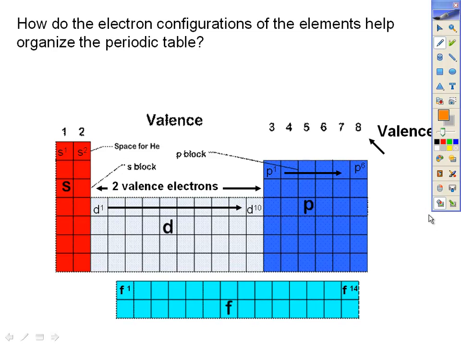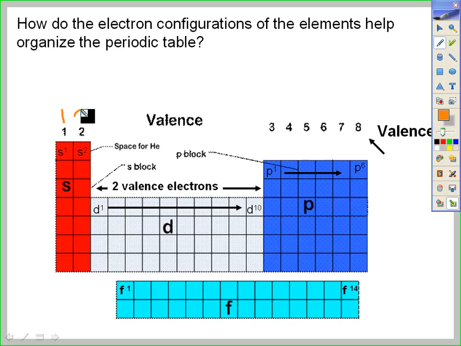The pattern we saw in your giant periodic table looked like this: 1 valence electron, 2 valence electrons, 3, 4, 5, 6, 7, and 8. What I like to say is 1, 2, skip a few, 3, 4, 5, 6, 7, 8 valence electrons. The exception is helium, which got moved over here because it has 2 valence electrons and ends in S2. Your periodic table has it here.